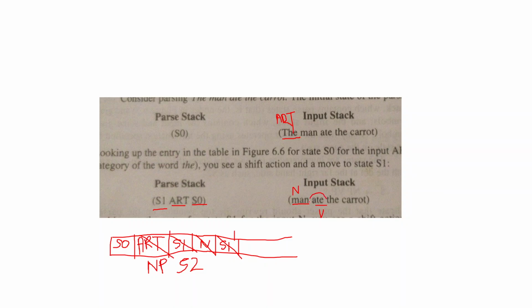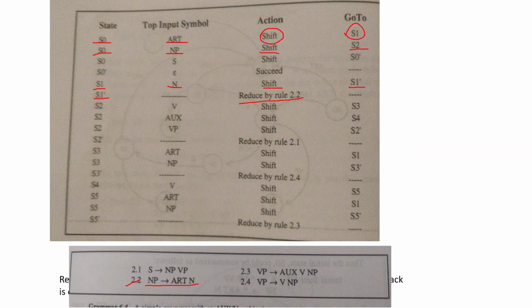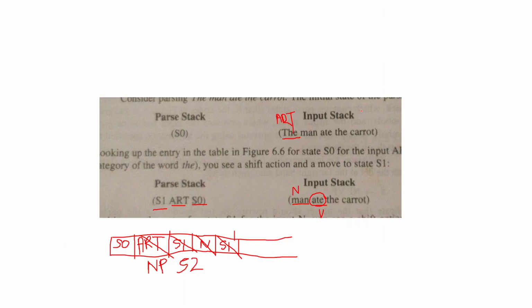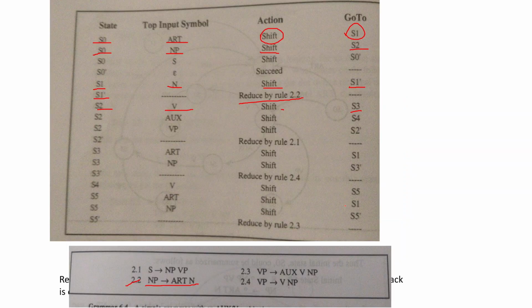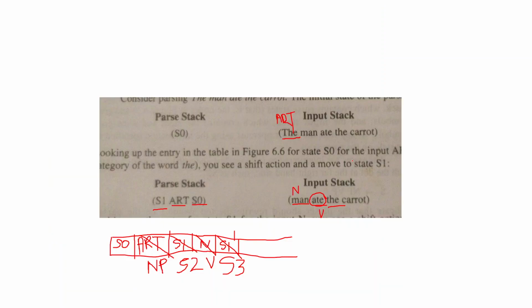Now next input is this verb. So S2 and verb, what happens? S2 and verb, you have to shift the input onto the stack and move to S3. So the verb has to be pushed onto the stack and you move to S3. Now S3 and again an article. S3 and article means you have to shift article and move to S1.